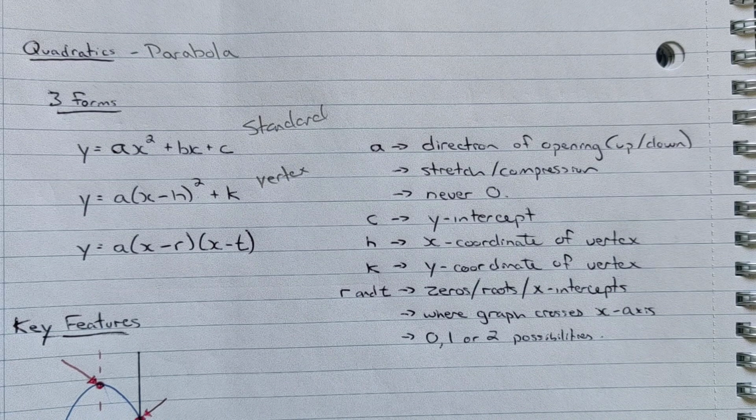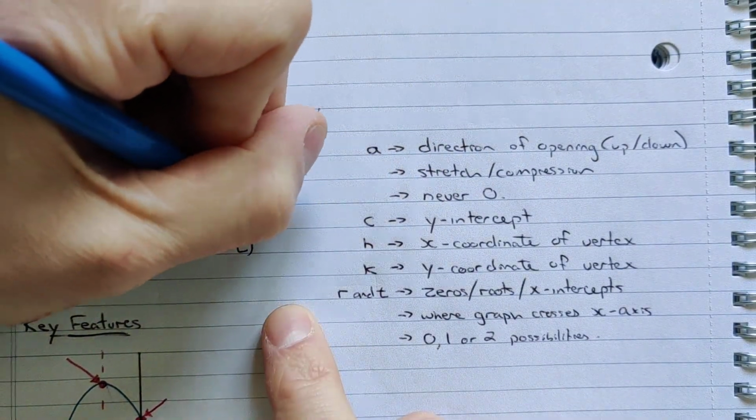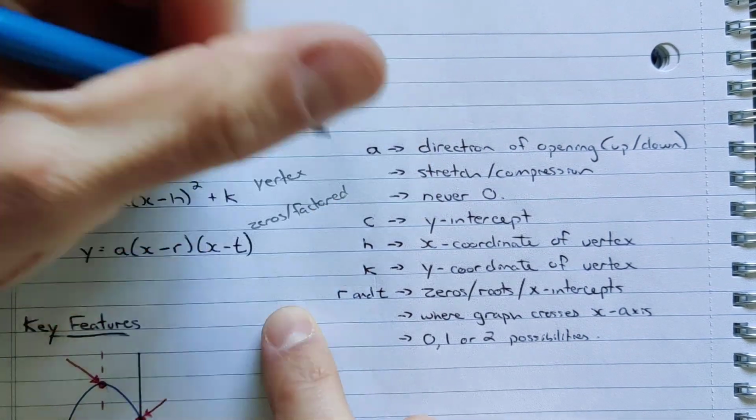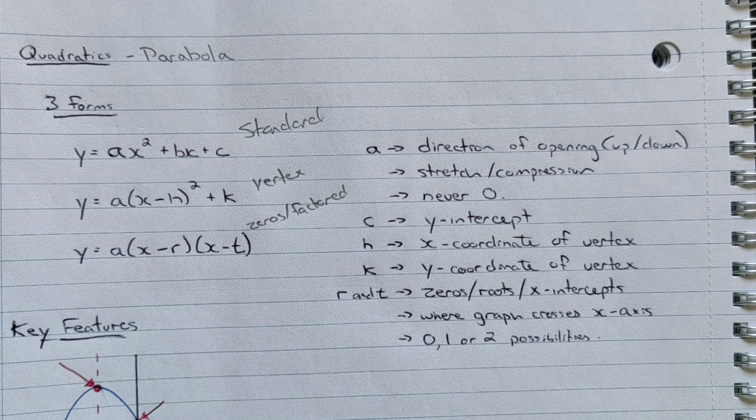Again, a, h, and k are just numbers. And in the final one, we have the zeros or factored form of a quadratic. That form is a, and then in brackets x minus r, and then another set of brackets x minus t. a, r, and t are just numbers.